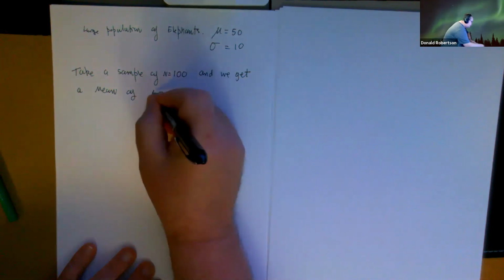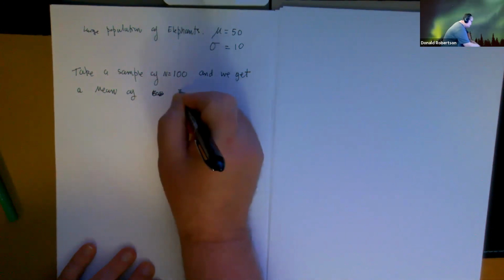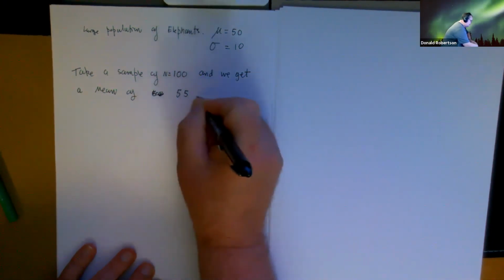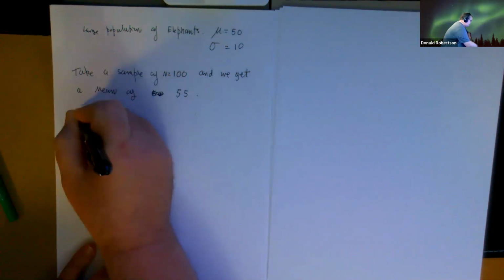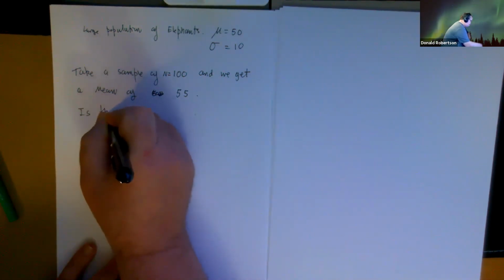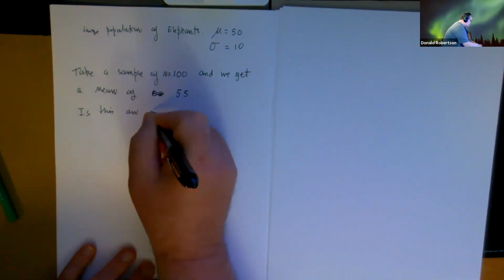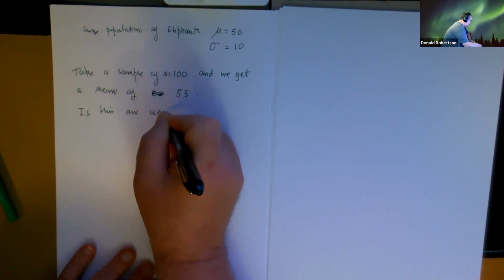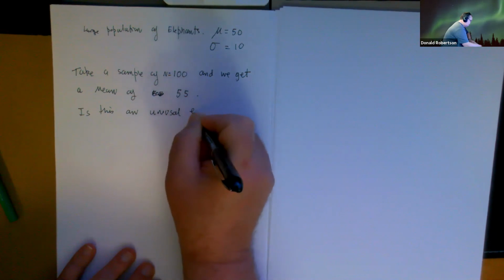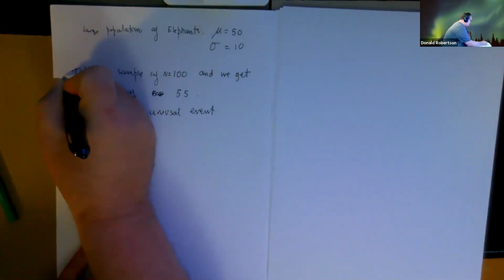Let's make it even less obvious. We get a mean of 55. Is this an unusual event? So that's part A.